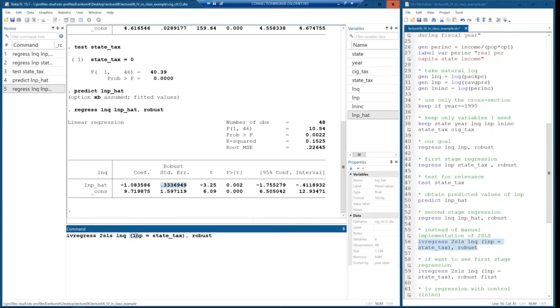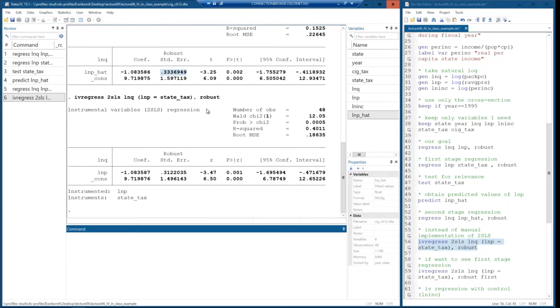So we have our endogenous independent variable here, and it should be explained by the state tax. So this defines which instrumental variable you are using to explain your independent variable. And we would like to have the robust standard errors.